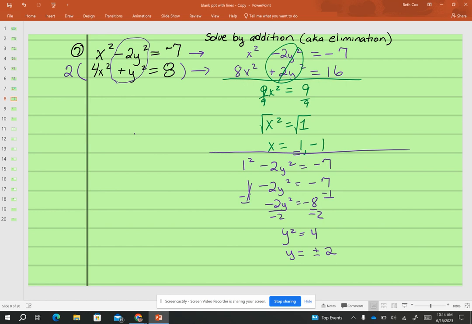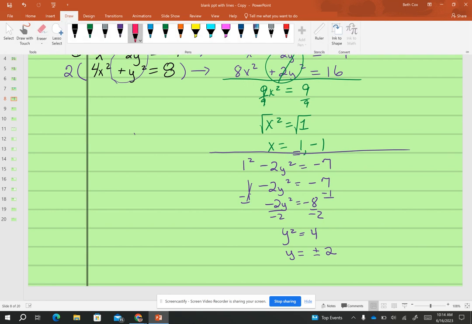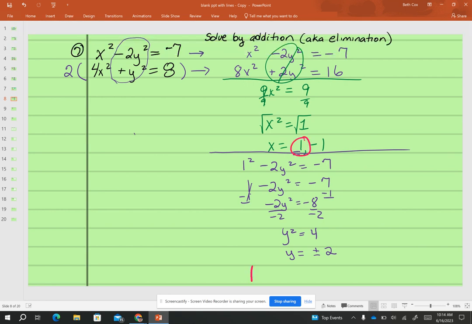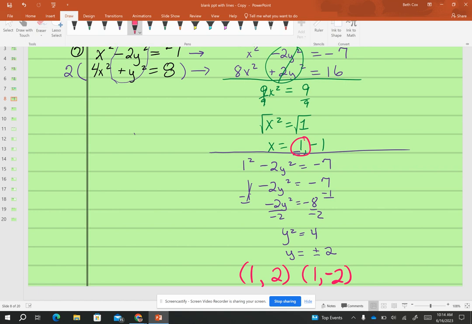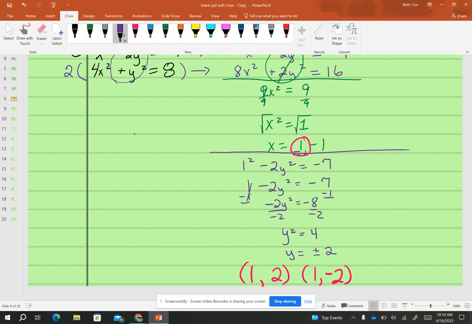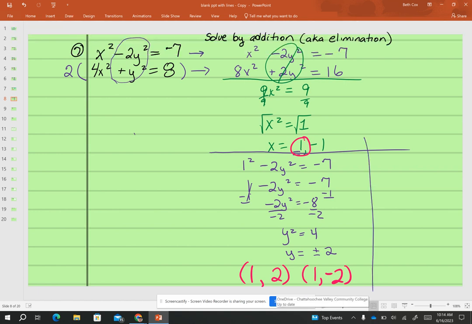So what are my answers for this one? When x is 1, I get positive 2. And when x is 1, I also get negative 2. All right, let's do it again on the other side. This time, let's plug in negative 1. So negative 1 squared minus 2y squared equals negative 7. That gives me 1 minus 2y squared equals negative 7.